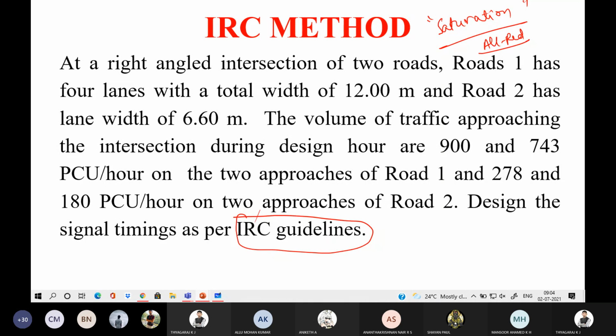Is it completed? Kindly respond. No, sir. Okay, make it fast. It takes hardly around 30 minutes to solve this problem. It is a little bit lengthy, but it is easy.